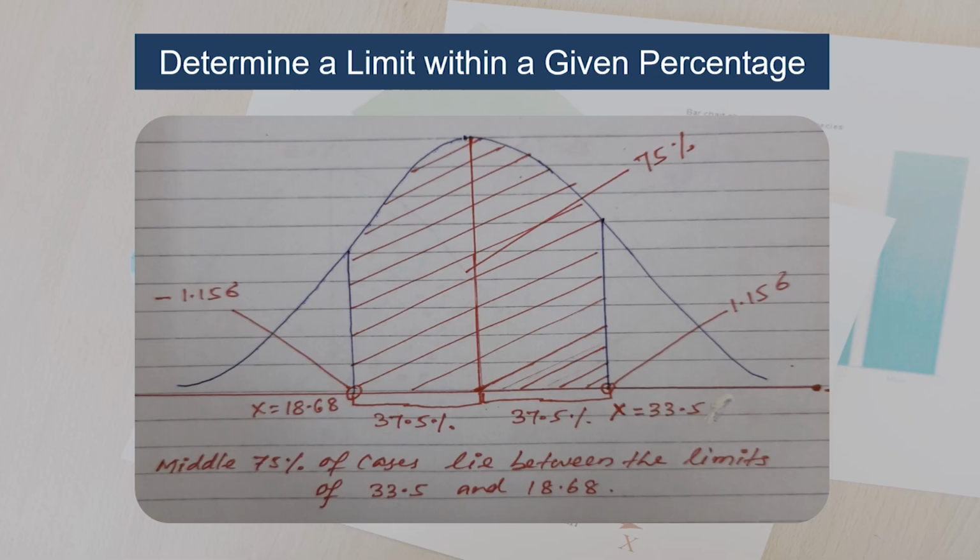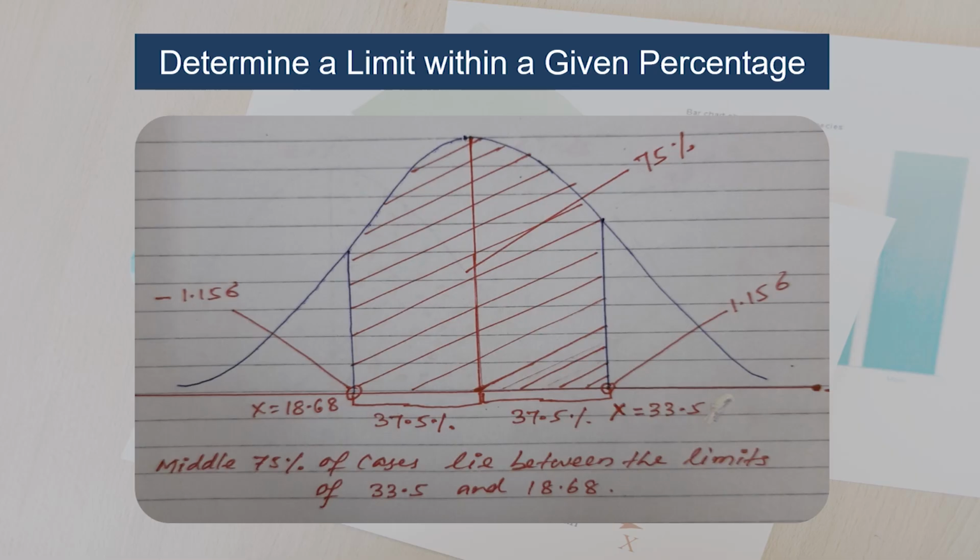And further, by using the mean value, standard deviation and the table value, or the z score, or the z value, we simplified it, and at the positive side we got the score, that is 33.5, and again we simplified it at the negative side. Okay, so here the z value becomes minus 1.15 standard distance, and if you simplify it you will find the score is 18.68.